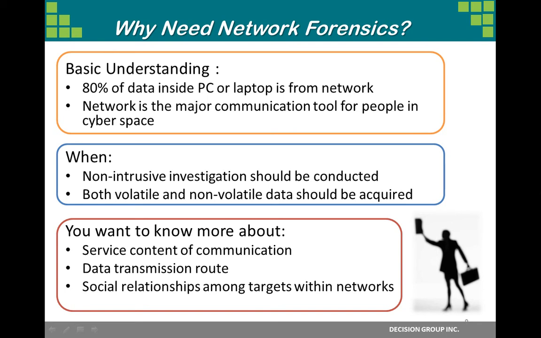We want to be able to know, for example, what's the route of this message or this data, or perhaps your confidential financial file that's being sent out someplace. We want to be able to identify and comprehend the social relationships: who's talking to whom, or what system is talking to whom, or what path this data is taking out of your company. And this is the way we can control this and prevent problems.